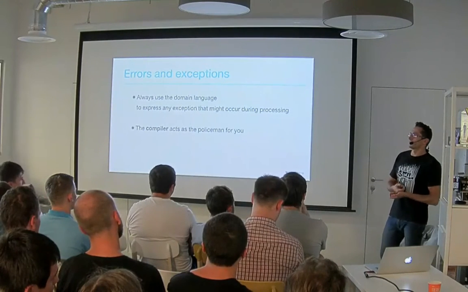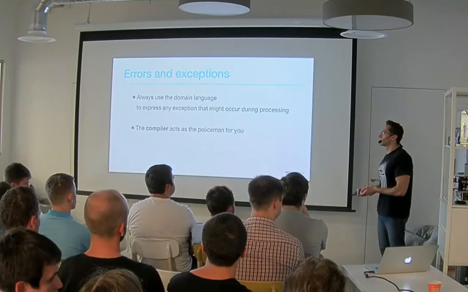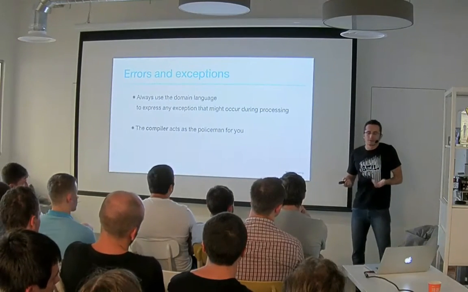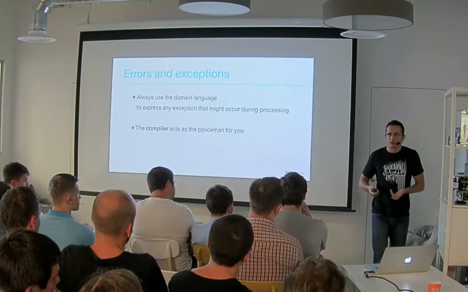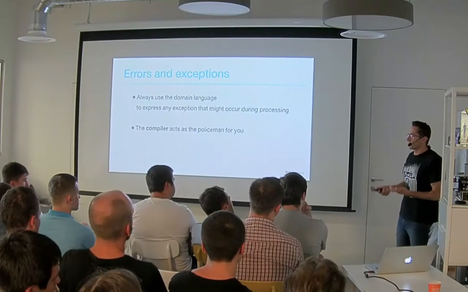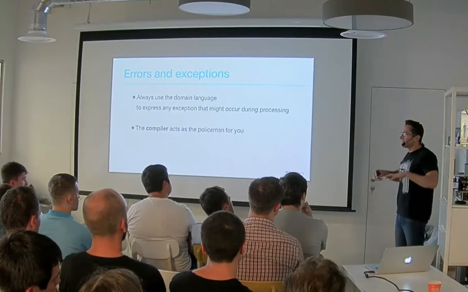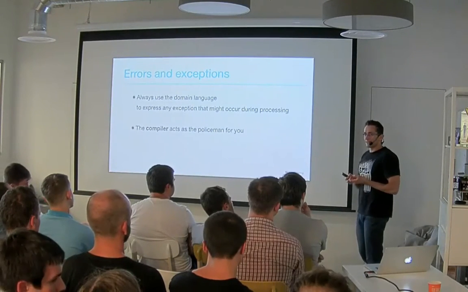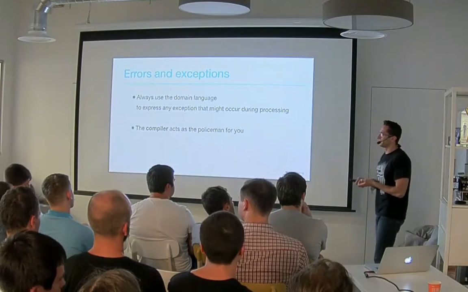If you try to apply a shipping rule or a text rule to some object which is not a count, the compiler will say, what are you doing? If you try to pass a predicate where it doesn't belong, the compiler will say, what are you doing? So a lot of the effort of the representation and the validity of the DSL and the business logic is already validated by the compiler.